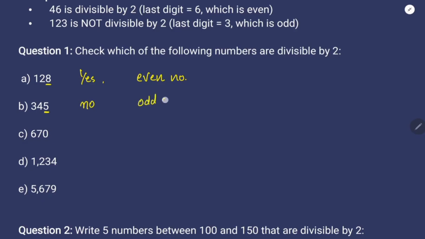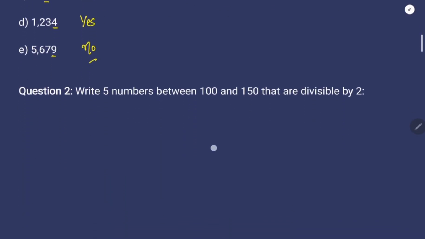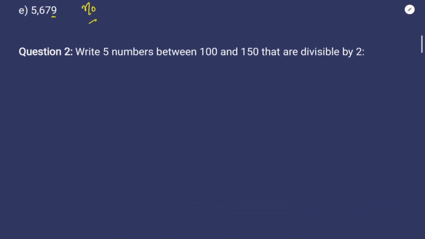You don't need to mention even and odd. You just need to mention yes, divisible by 2, and no, not divisible by 2. 6, 7, 0, you will say yes. Here you have 4, so you will say yes. Here you have 9, so you will say no, right? So this is done.